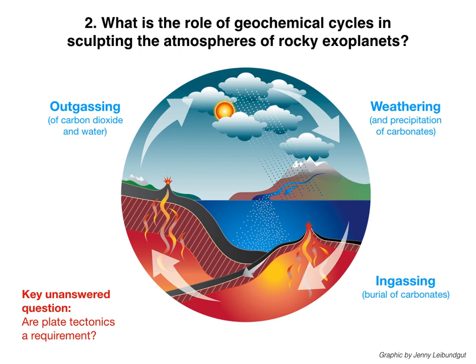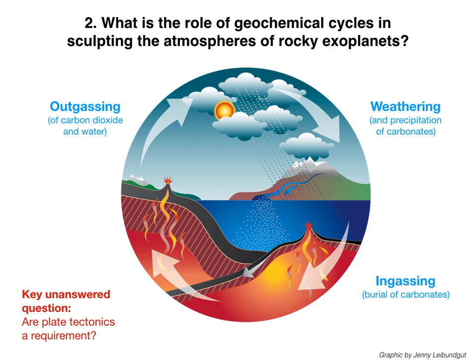Carbon dioxide combines with water and silicate rock to produce weathering. One of the products of weathering is carbonates, which are then washed into the ocean, subducted into the mantle, and then outgassed again as carbon dioxide. This cycle has a characteristic timescale of a couple of hundred thousand years.